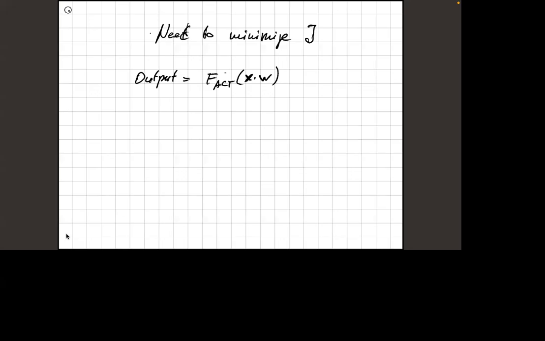So essentially, to do that, we take dJ, and our J is a function of f act of x and the ground truth.